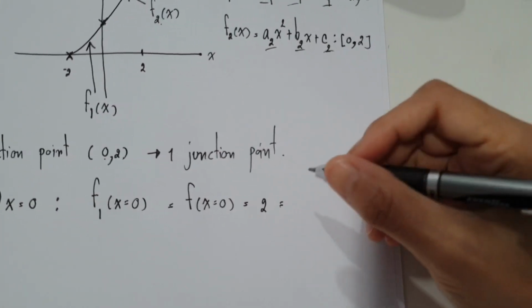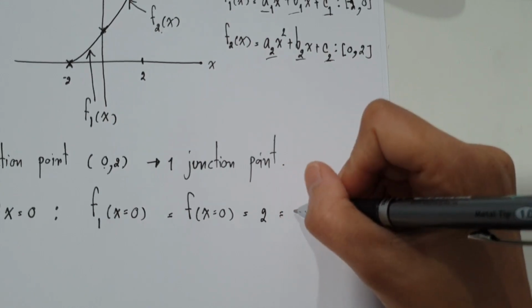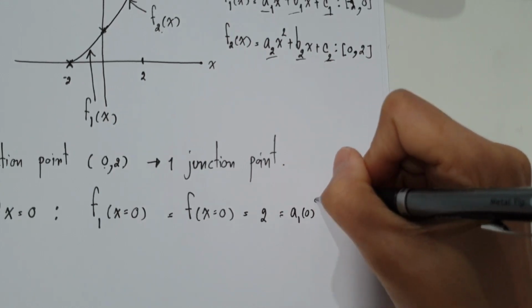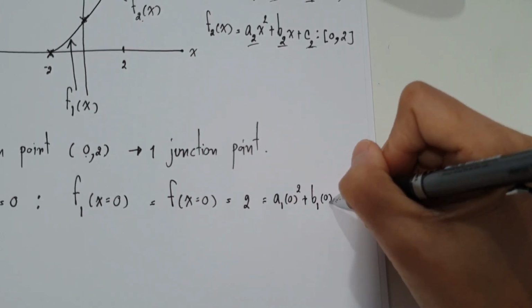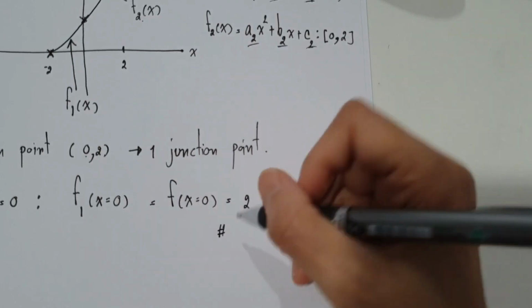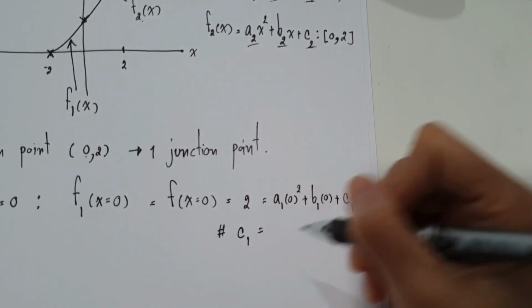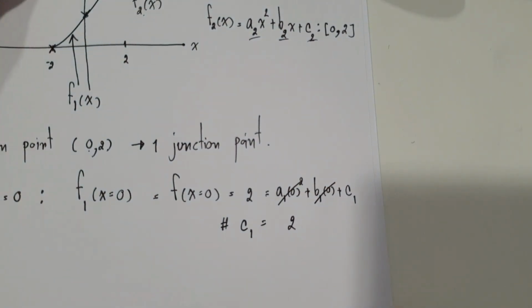So from here, it is a1 times 0 squared plus b1 times 0 plus c1. So from here, we get c1 equal to 2. This is the first equation.